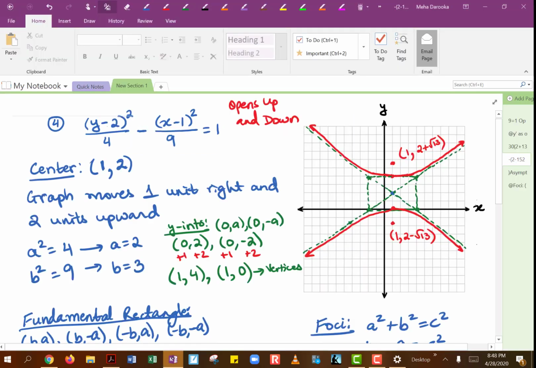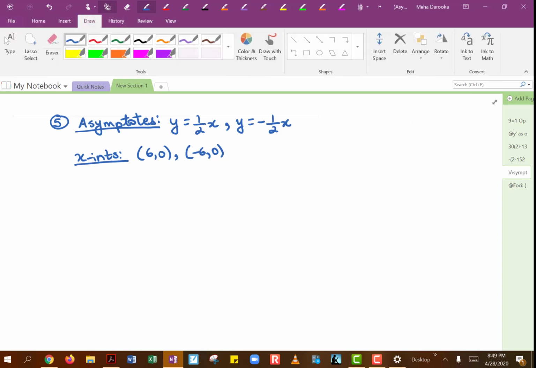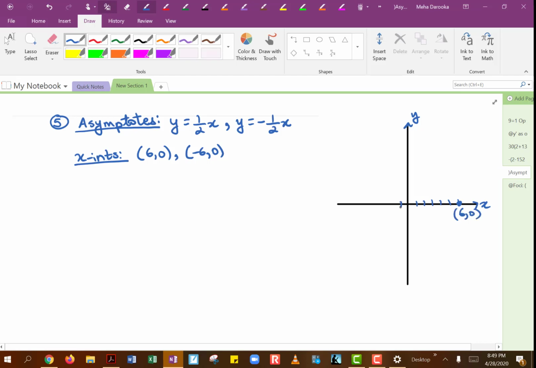So when they're telling you that you have your x-intercepts, that actually means this is going to be a hyperbola that opens left and right. So just as a rough sketch over here, let's say this was our grid, and if they are giving you your x-intercepts 1, 2, 3, 4, 5, 6, and 1, 2, 3, 4, 5, 6, that means, and this is just a rough sketch here, ooh, that's really terrible.